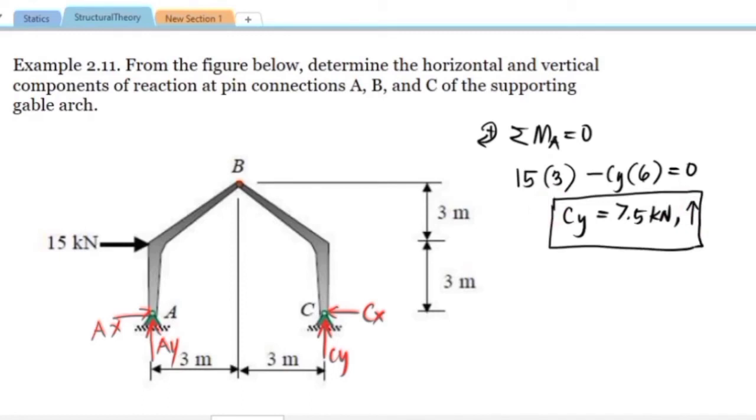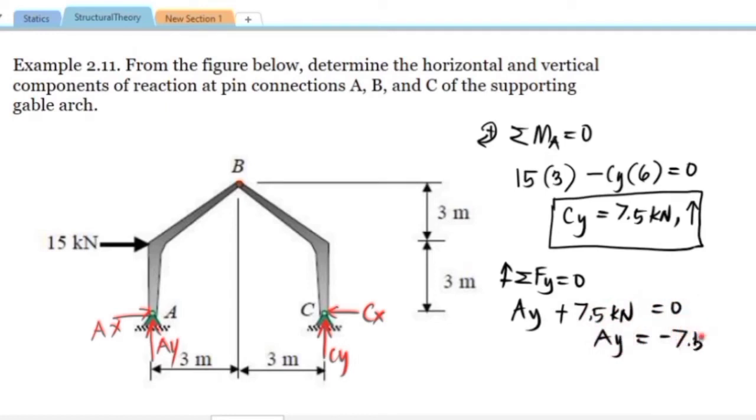In order for us to solve for the value of the AY, we have to summate forces vertical is equal to 0, taking the upward direction as positive. We have AY upward plus CY 7.5 kilonewton is equal to 0. So that would give us AY is equal to negative 7.5 kilonewton.